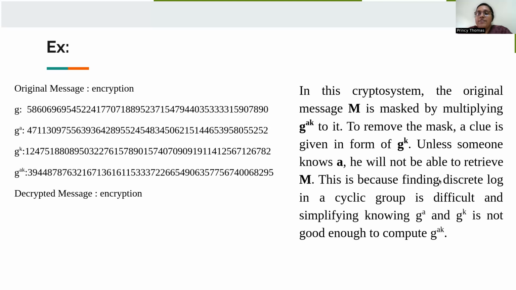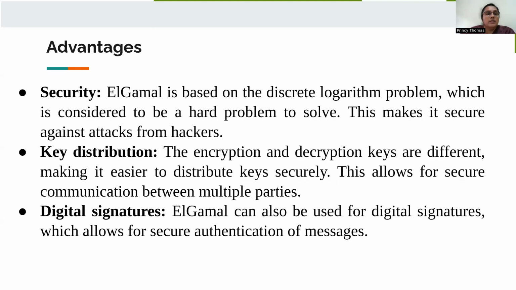This is because finding the discrete log in a cyclic group is difficult, and simply by knowing G raised to A and G raised to K, it is not possible to compute G raised to AK. Okay, so now we are going to look at advantages and disadvantages.